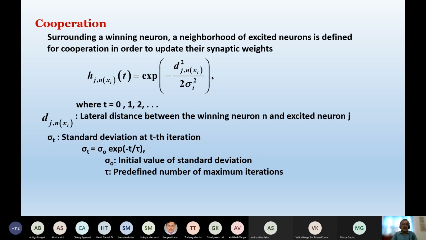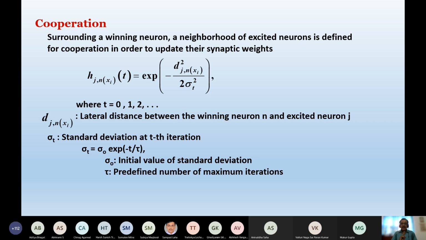So h_{j,n(xi)}(t) = exp(-d_{j,n(xi)}^2 / (2σ(t)^2)). What does it mean? To define the surrounding of mine, I'm going to construct one Gaussian distribution surrounding me, and my property is a mean property.